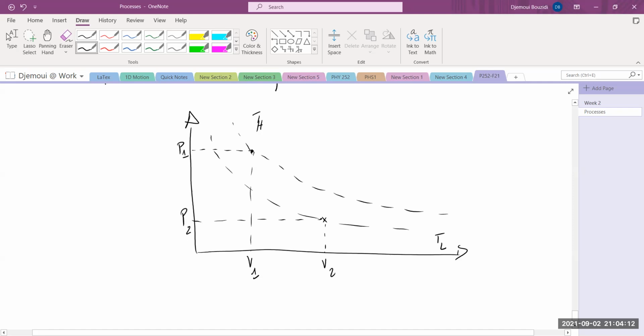I could go on an isothermal instead of following this adiabatic, and reach that same pressure, which is going to happen way back at another volume, V3. So that's the same line in here.